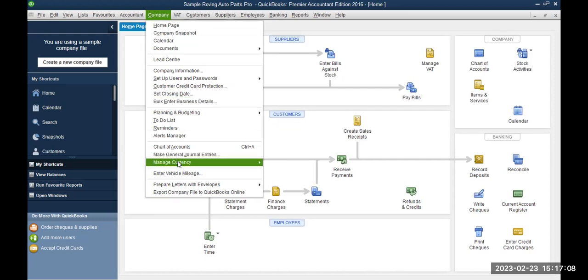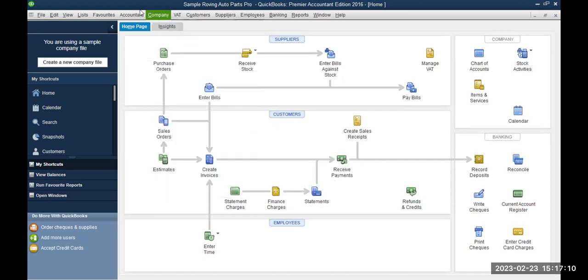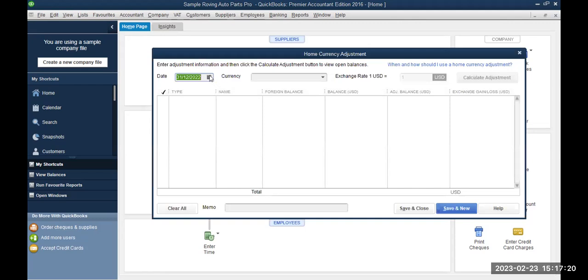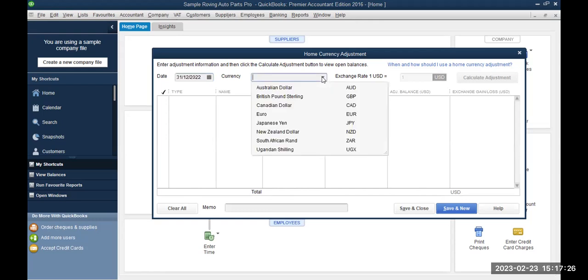You have to come and manage currencies under company. There is manage currencies, and you go to home currency adjustment. When you click on home currency adjustment, you have to choose the period in which you want to make an adjustment. And then you choose which accounts you have other than the home currency.